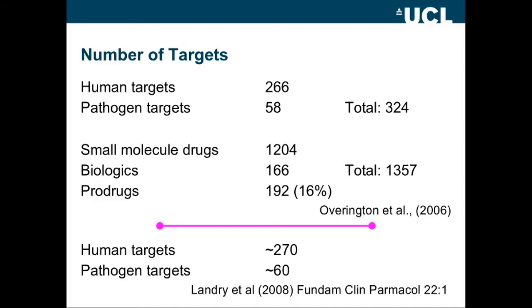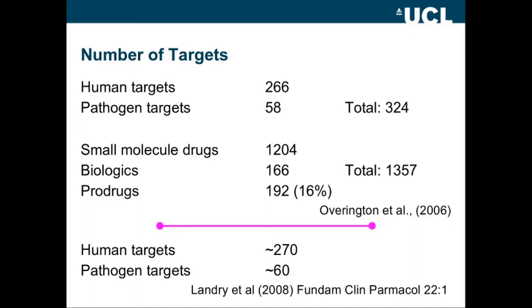Now, the number of drugs, as you see, is a fair bit larger. We have, at this stage, 1,204 small molecule drugs, 166 biologics, and 192 prodrugs. In case you don't know, a prodrug is a drug which, in the form that you take it, is not active, but it gets broken down in the body into an active form.